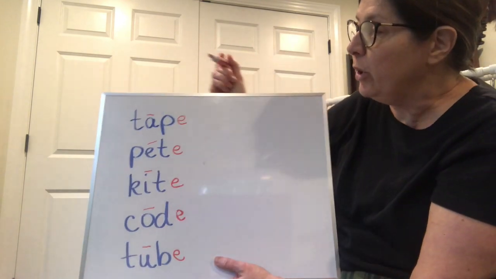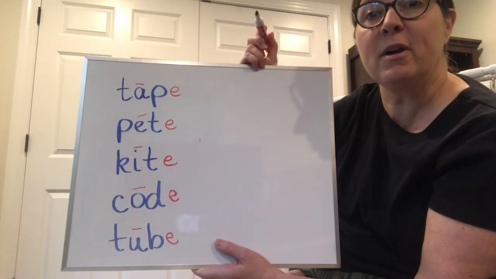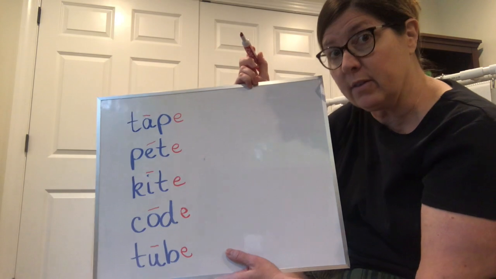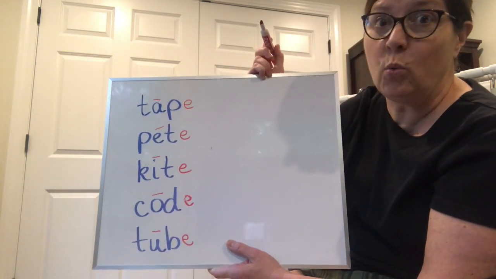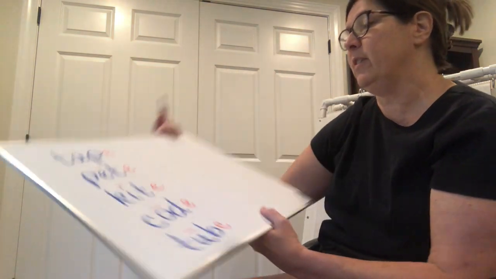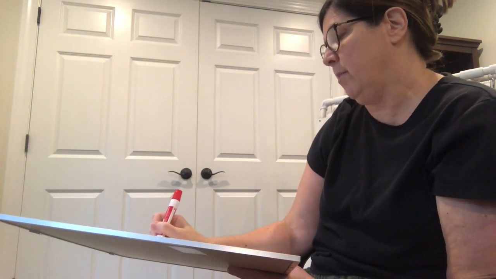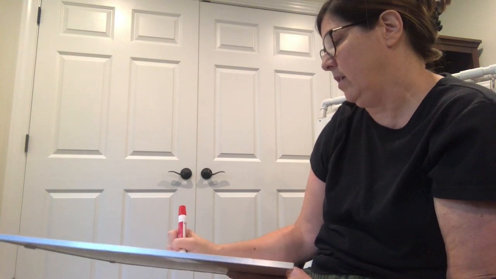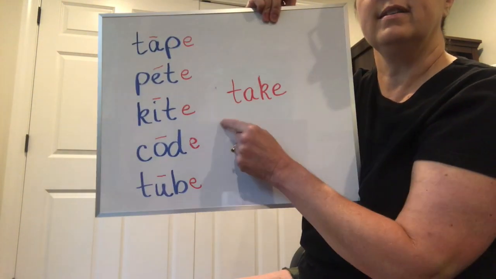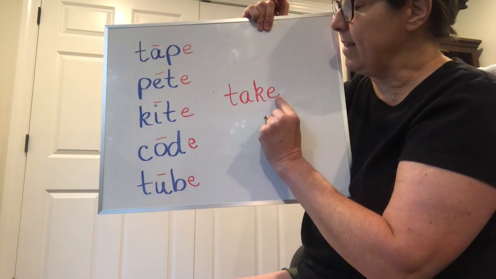All right, so we're going to be talking now about these special silent E's. We don't say those E's because they're silent, all right, but they make a big difference in what the sound is. So for example, the sight word that some of you had this last week, the word was take, and it has a silent E on there.